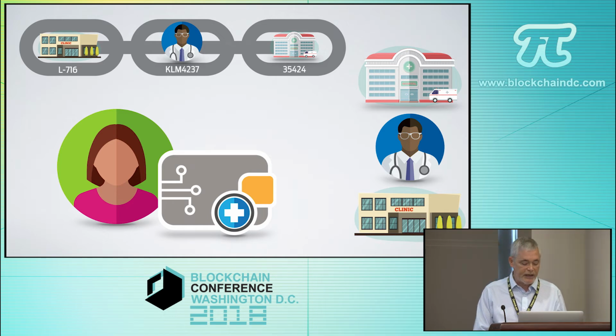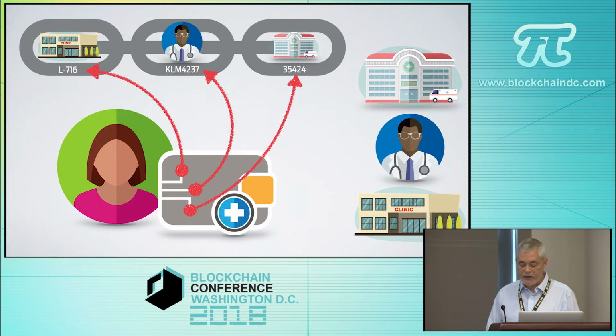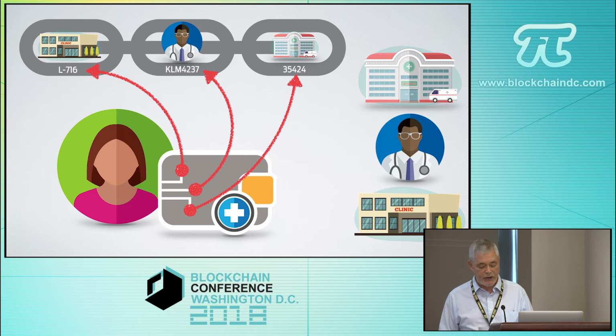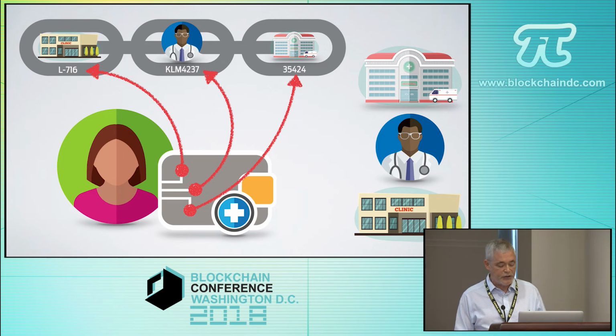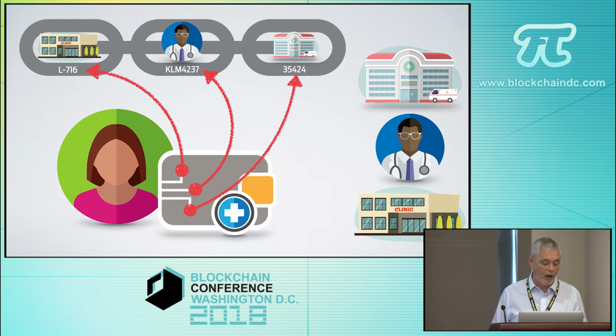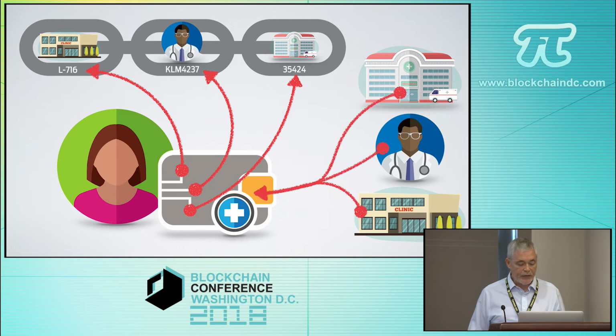The patient ID contains no identifying information, and there are no correlations or associations of the patient ID logged onto the blockchain. Then these blockchain entities are undiscoverably associated with keys held in the patient's sovereign digital health wallet. Another undiscoverable association is then made between the patient's digital health wallet and the health information system.